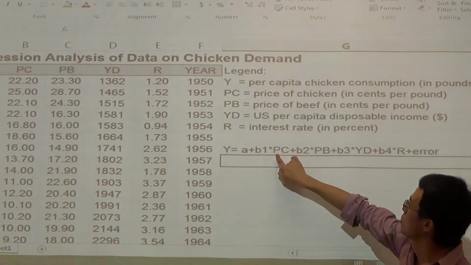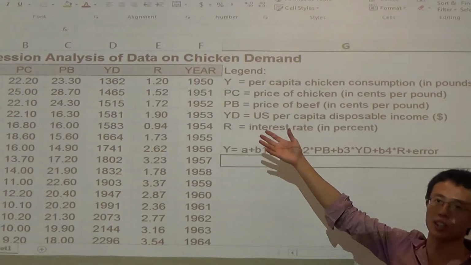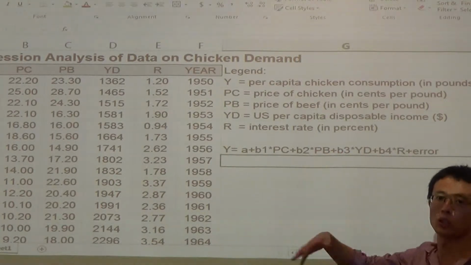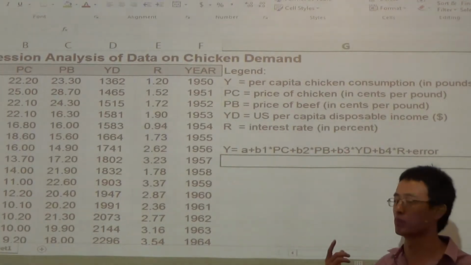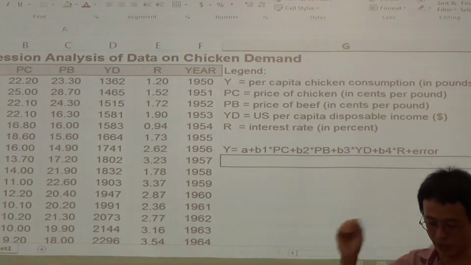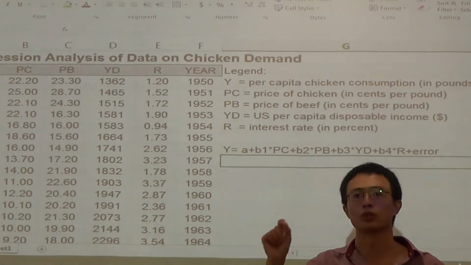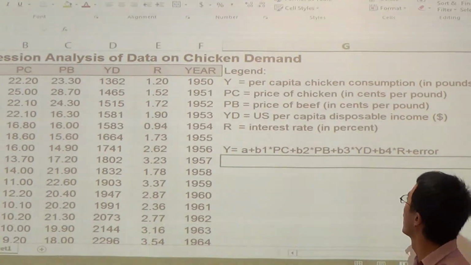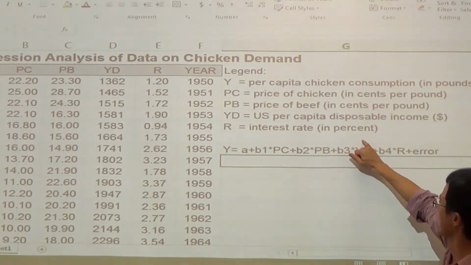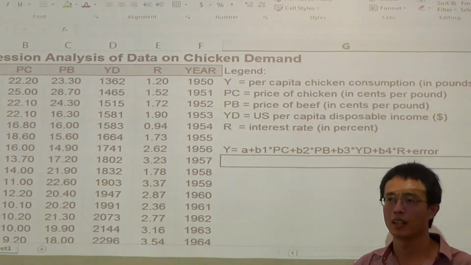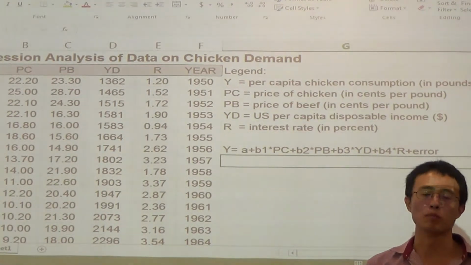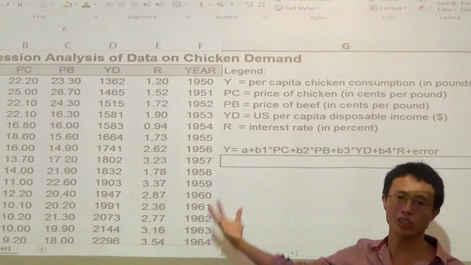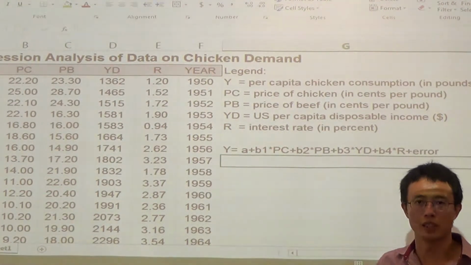It depends on price of chicken, which makes sense because of demand, right? It depends on price of beef, which makes sense because chicken and beef are substitutes for each other. So if the price of beef increases, demand for chicken will increase. It depends on disposable income. Certainly, the more dollars I have in my pocket, I might buy more chicken. So this makes sense, intuitive as well.